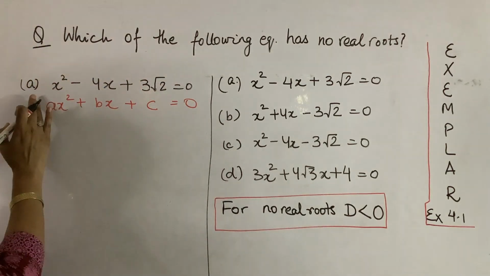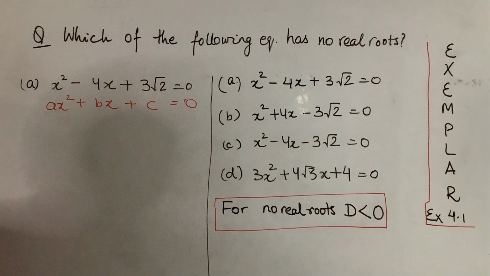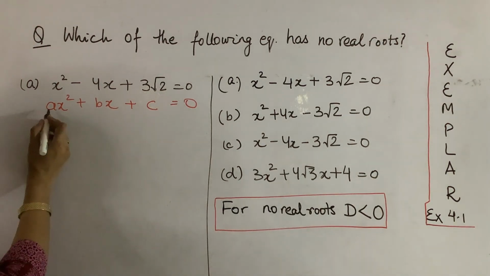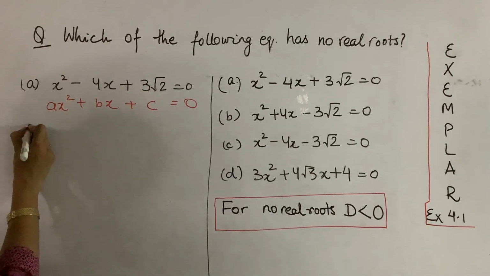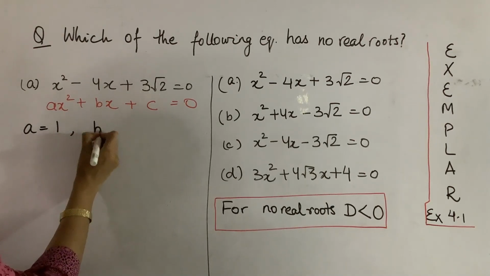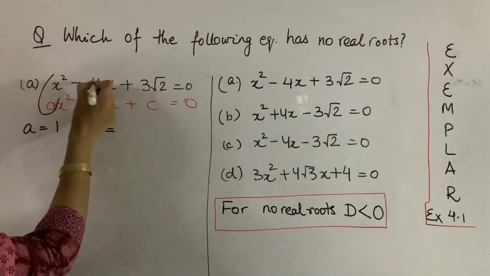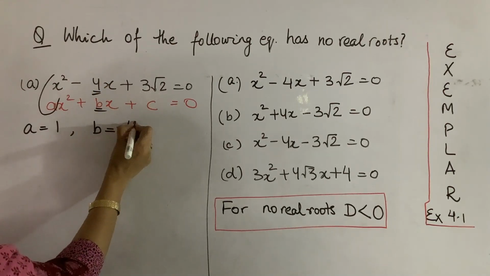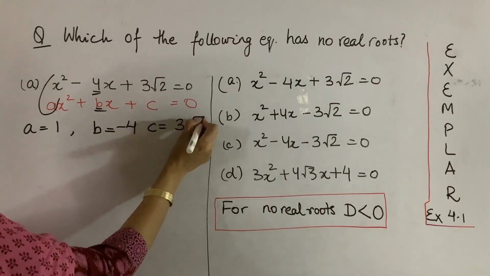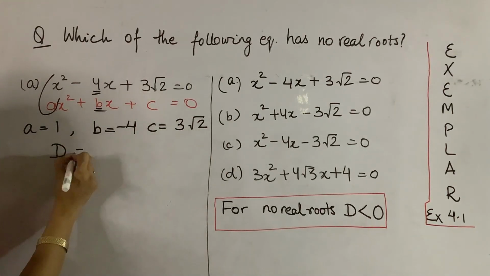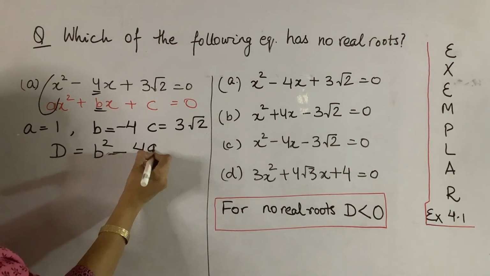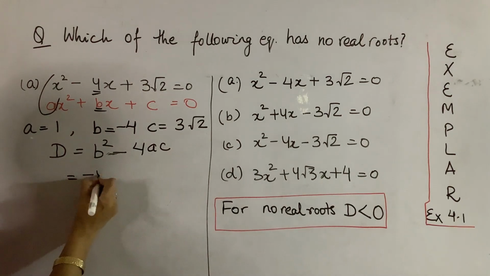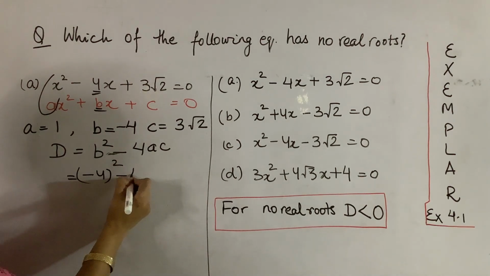So if I take the first equation, x square minus 4x plus 3 root 2 is equal to 0. Compare it with the standard form of quadratic equation ax square plus bx plus c is equal to 0. So from here you get a is equal to 1, b is equal to minus 4 and c is equal to 3 root 2. Now you have to find out the value of d, and d is b square minus 4ac. What is b square? Minus 4 whole square minus 4.